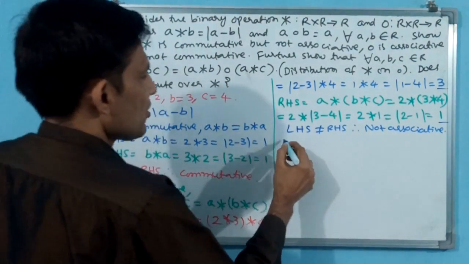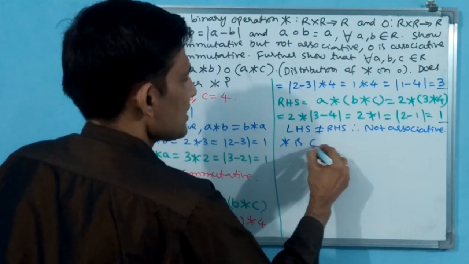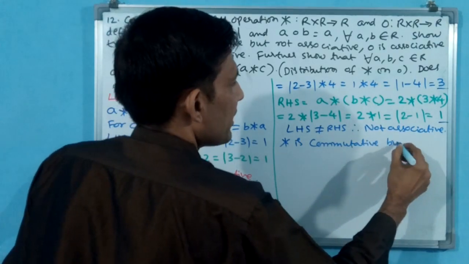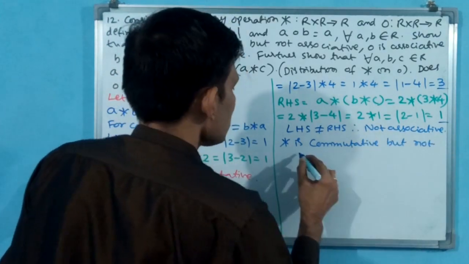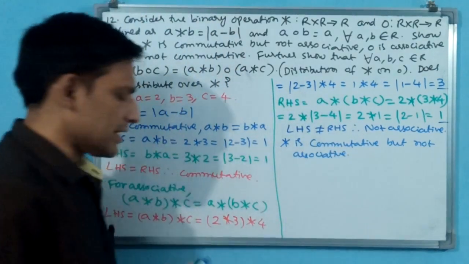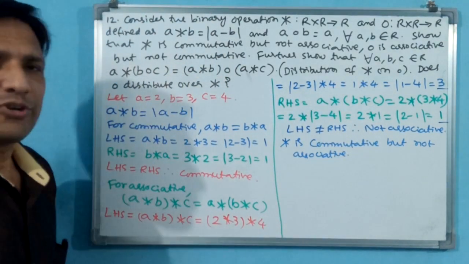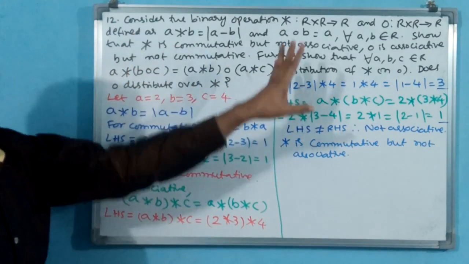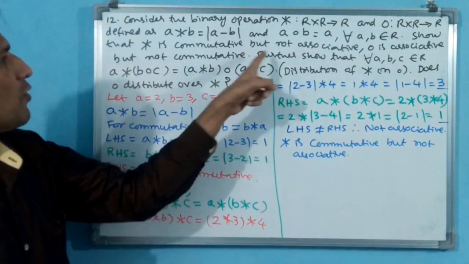Again you write star is commutative but not associative. You understand, na? Star is commutative but not associative. Then star story over.